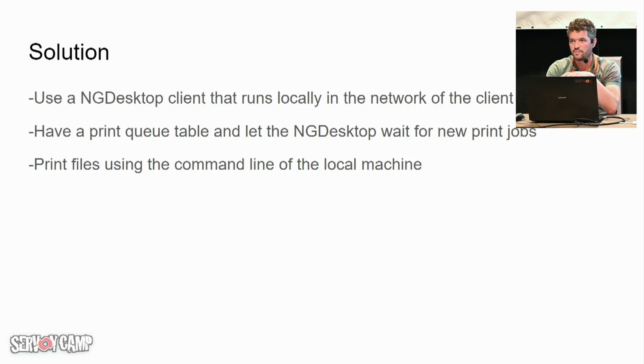So that application runs on a machine that has all the printers installed, and basically they have a table with all the print jobs. It's like a print queue, and that NG desktop client is just watching that table, and whenever a new record comes in, it says you should print this report from this printer, and then it just handles it on data broadcast.